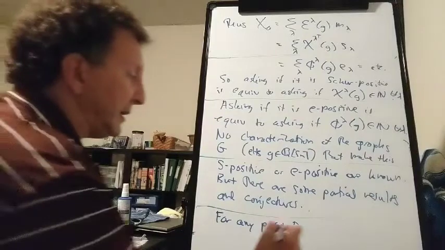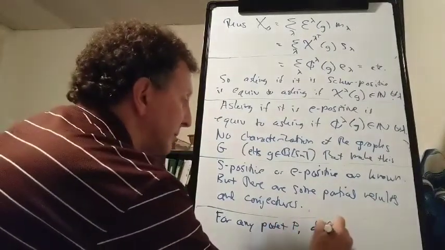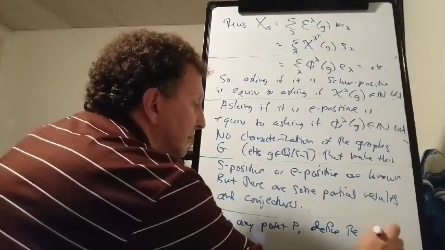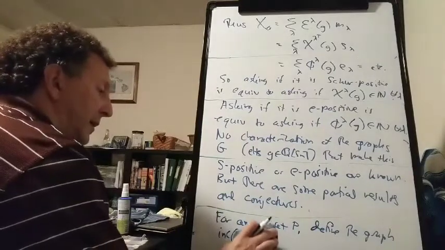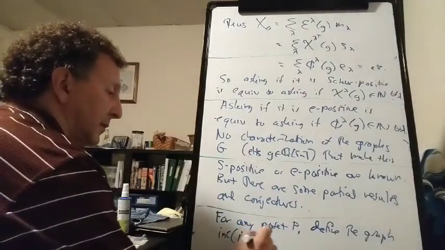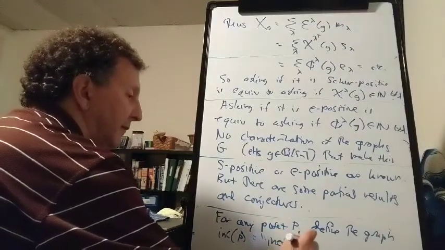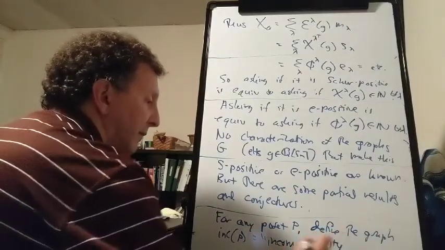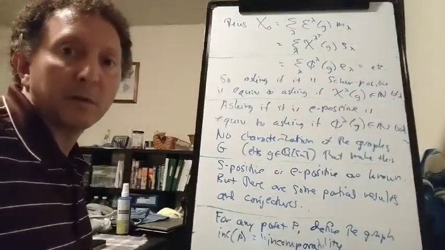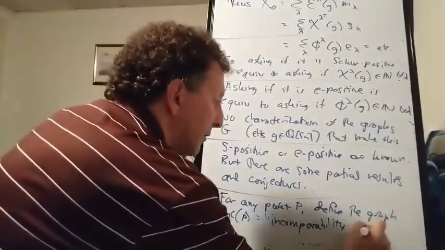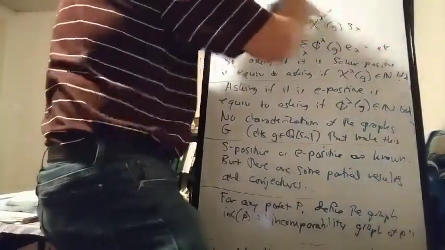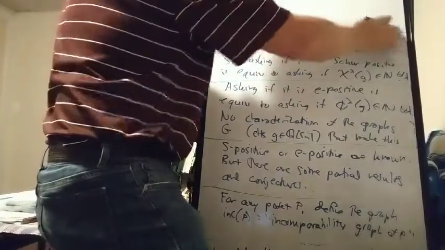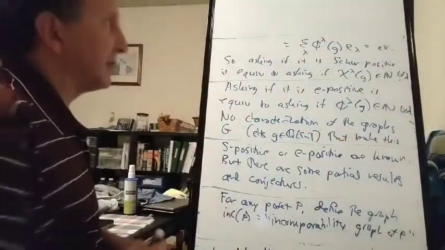So for any poset P, define the graph INC of P, called the incomparability graph of P, to be the graph that has the elements of P as vertices and an edge for every pair of vertices that are not comparable.